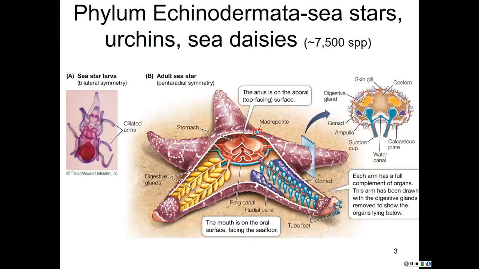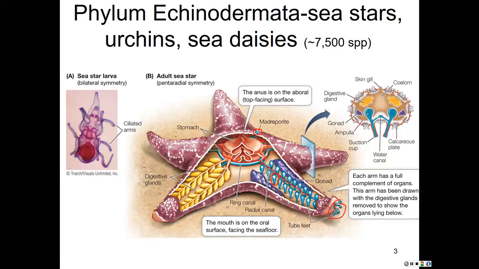As you can see, these radial canals connect to each of these little structures called the tube feet, so they're powered by water. The pressure of water or lack of pressure will cause these tube feet to change what they're doing. They're used both in locomotion and feeding, and we can see the opposite side of these tube feet over here.